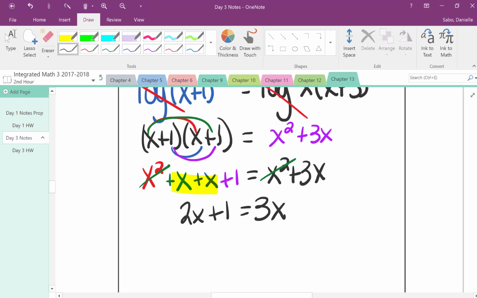Rapid fire solving. It should be very easy. It's just that new step that we're learning, that new first step. Okay. Look at you. Yep. Go.